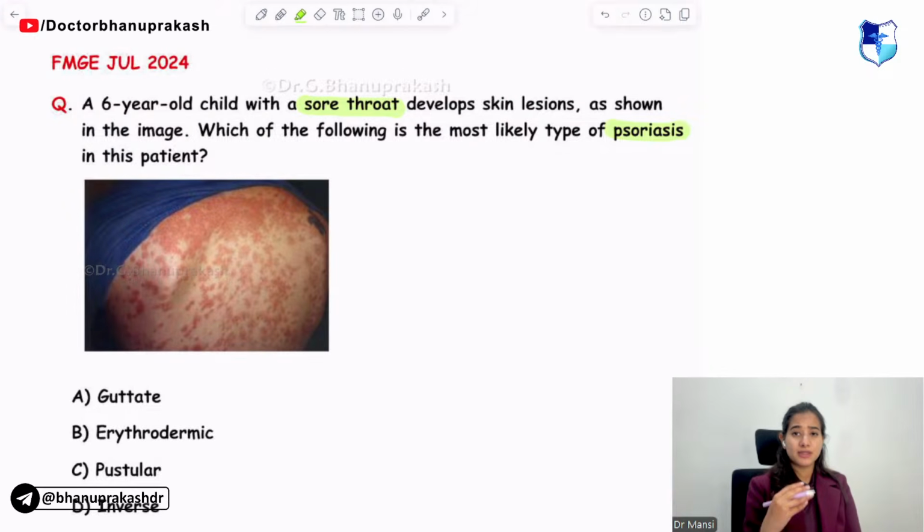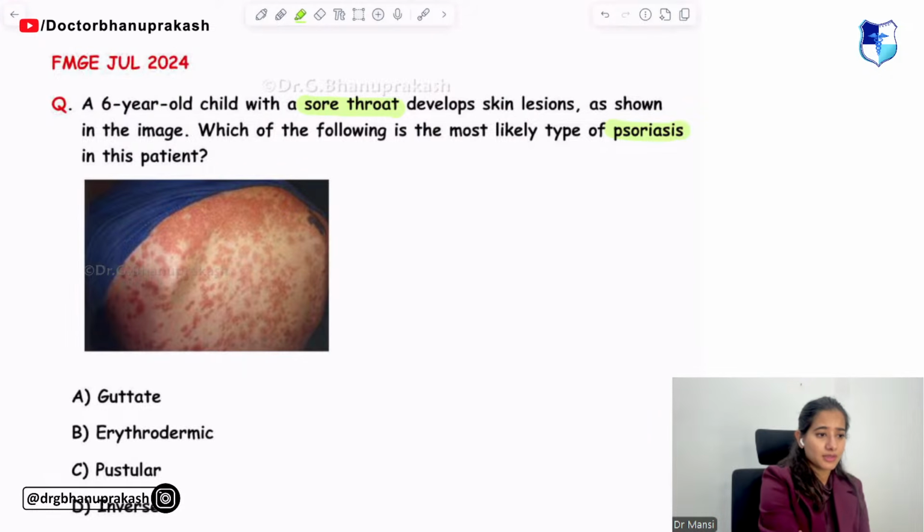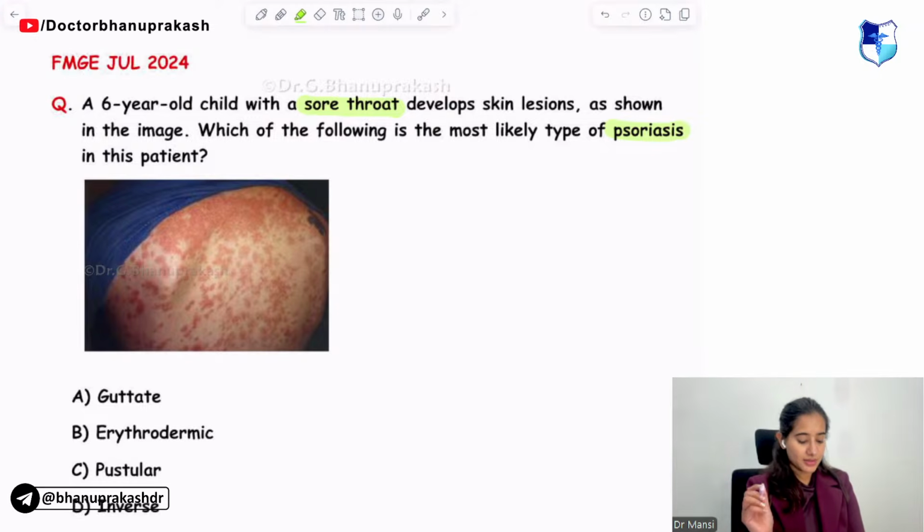I told you there will be some infection which will be there. So what is this? Is it guttate? Is it erythrodermic? Is it pustular or is it inverse? Kunal is absolutely right.